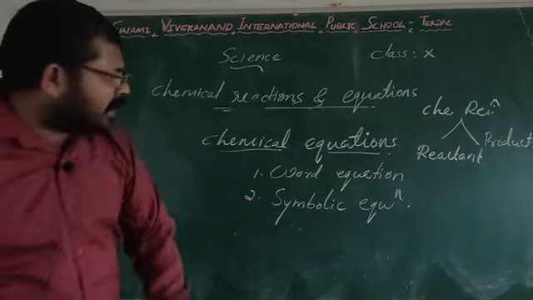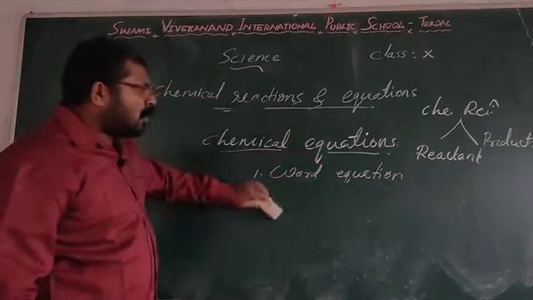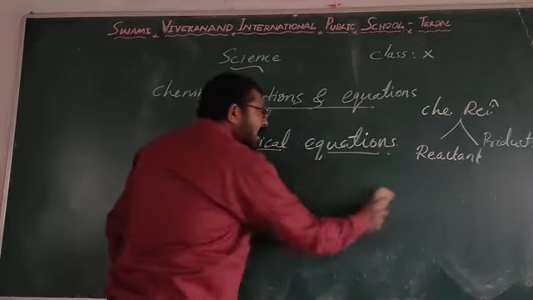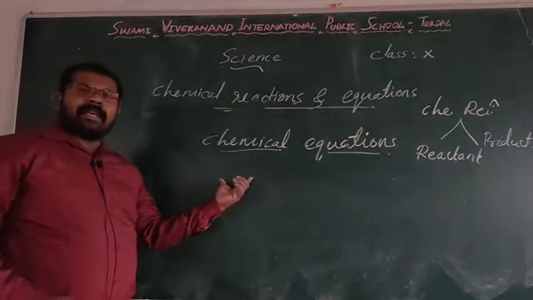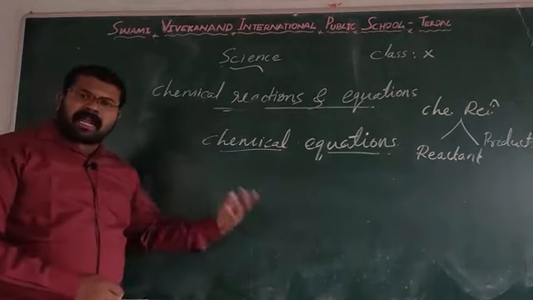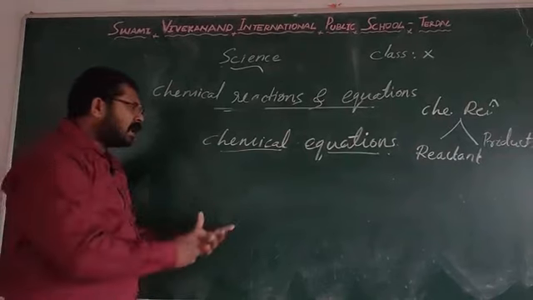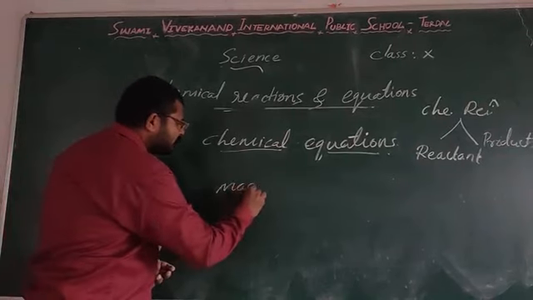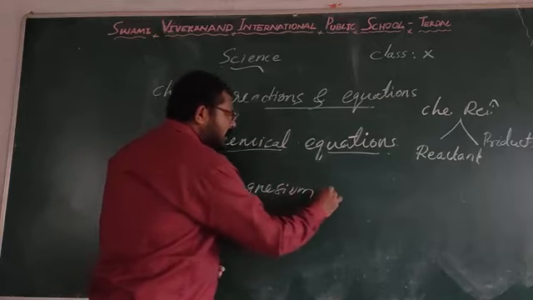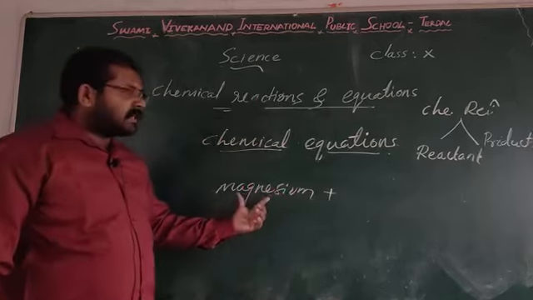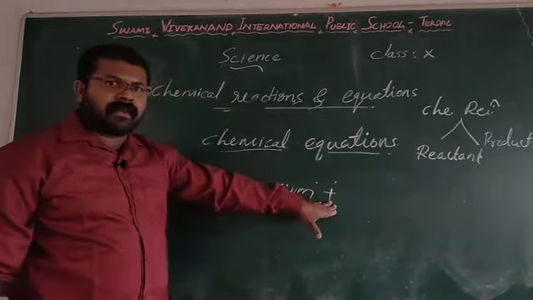First we will discuss chemical equations in the word manner. How can we represent a chemical reaction in words? We can take the previous example: magnesium reacts with oxygen to form magnesium oxide. The reactants are added together with the help of a plus sign.